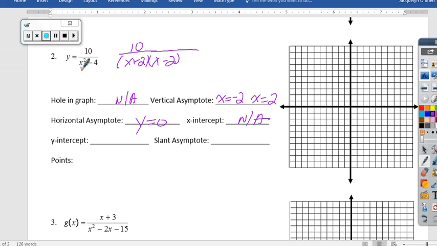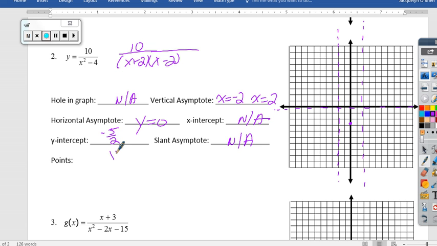Y-intercepts come from plugging in 0, so we're going to have negative 5/2. And if you have a horizontal, you cannot have a slant. So what we know now: vertical asymptotes at x = -2 and x = 2, a horizontal asymptote right over the x-axis there, and a y-intercept at negative 5/2.